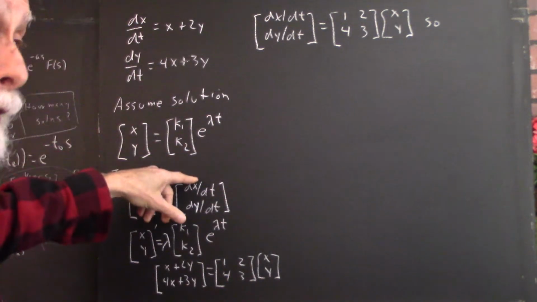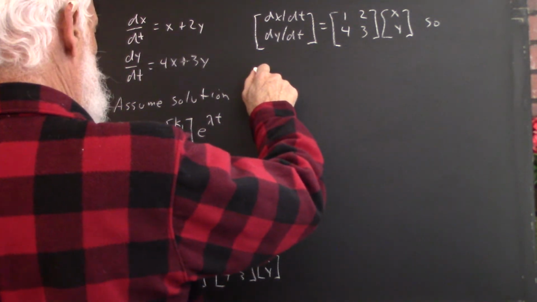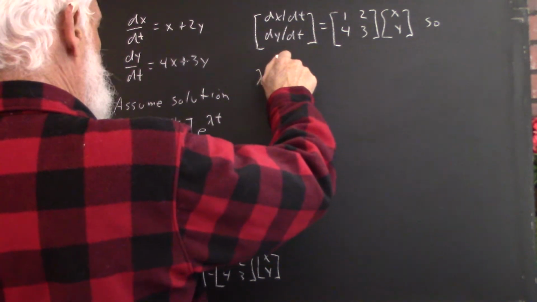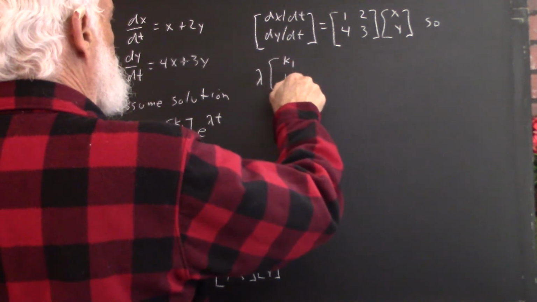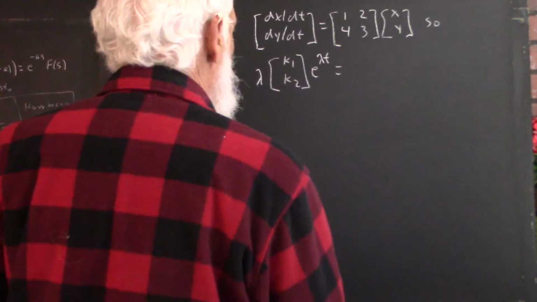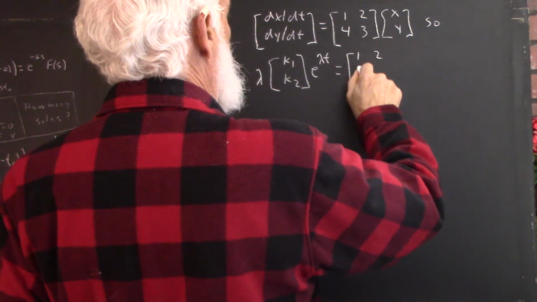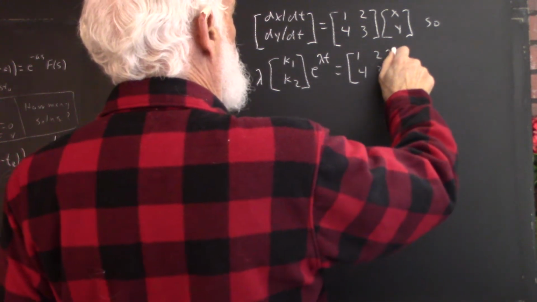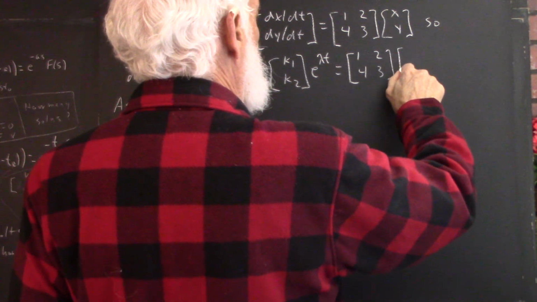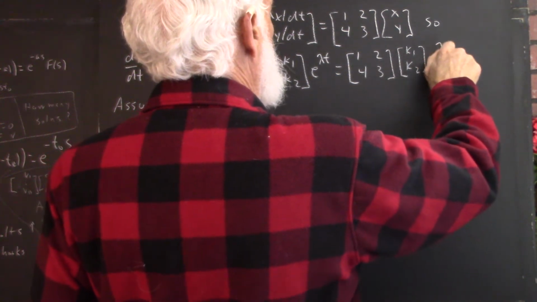So, using our assumption, we have lambda times k1, k2 e to the lambda t equals this matrix 1, 2, 4, 3 times k1, k2 e to the lambda t.